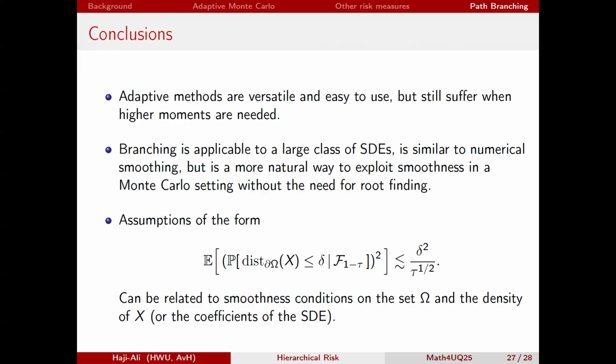So these assumptions of the form that I showed you, where we have either a conditional or non-conditional bound on the density close to the boundary, can be proved for a large class of problems by assuming smoothness of the underlying density of X, which we can prove for elliptic SDEs with Brownian coefficients, as well as assuming that the domain, the set omega, is a Lipschitz graph.